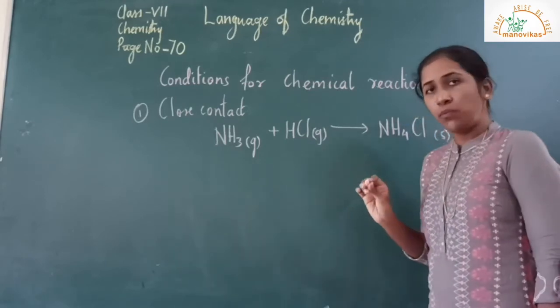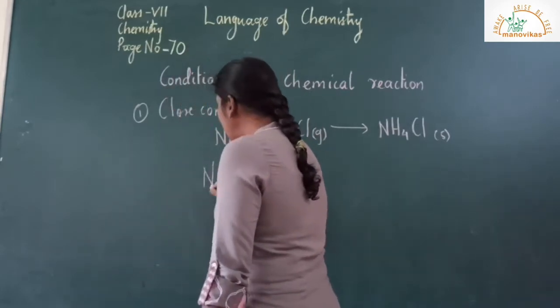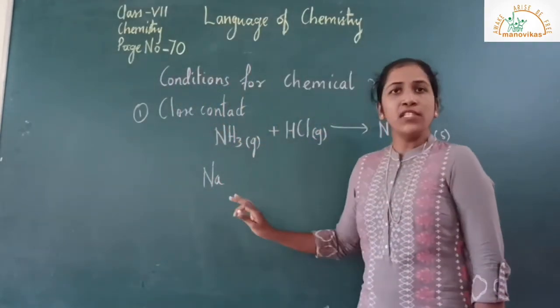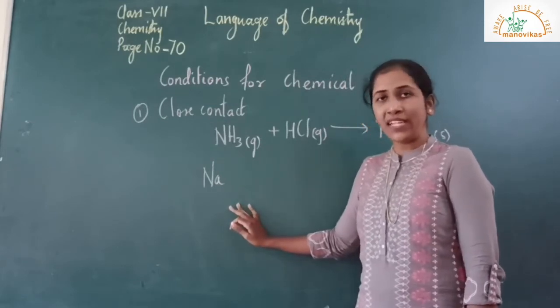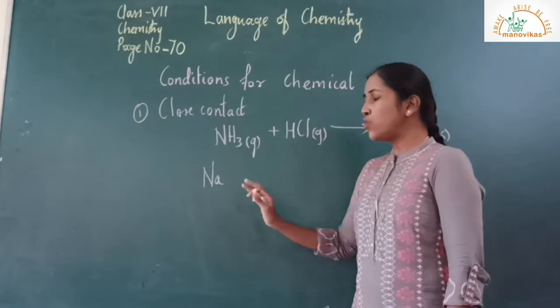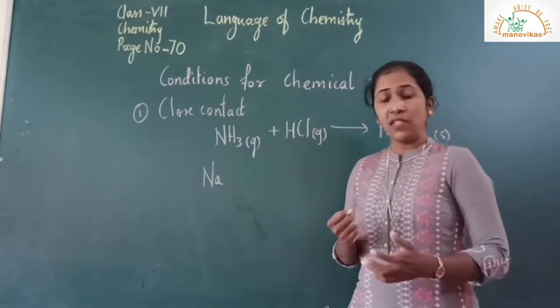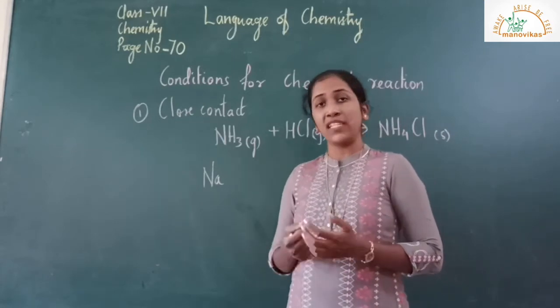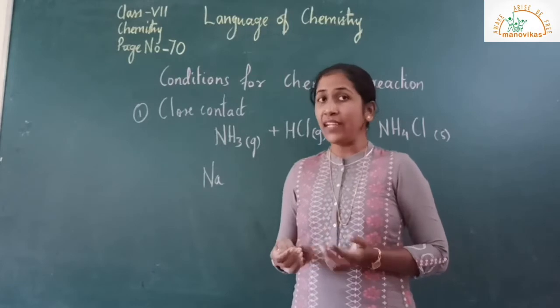Again, we can take one more example, that is, if you take a sodium metal. Normally the sodium metal is stored in kerosene. Why has it been stored in kerosene? Because if this sodium metal comes in contact with moisture, that is water, then an explosive reaction can take place.